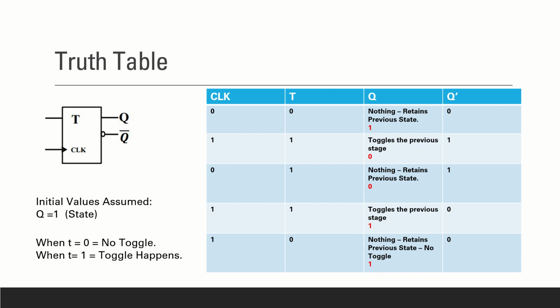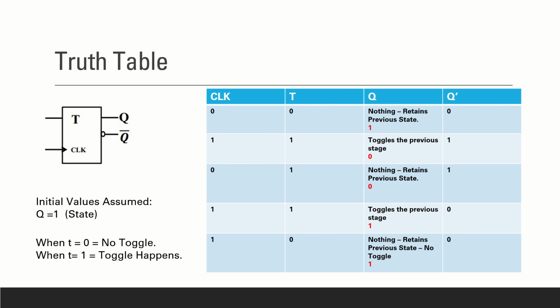When T is set to 1, toggle happens. When T is 0, no toggle. When T is set to 1, toggling happens. When clock is 0, nothing happens and it retains the previous state. Irrespective of the state of T, if the clock is 0, nothing happens and it retains the previous state.